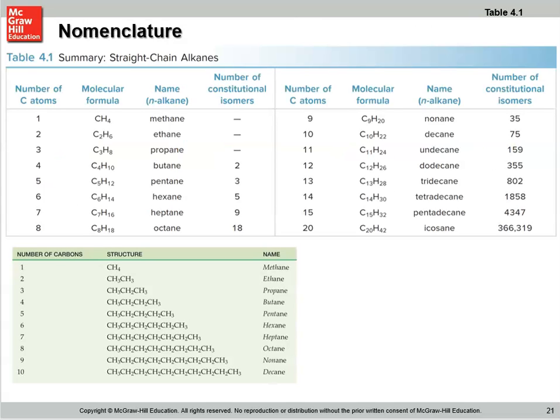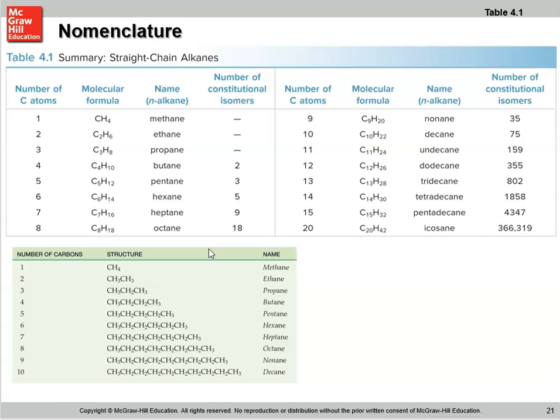What we're going to look for here is how to name these, otherwise known as nomenclature. We're looking for the longest chain to begin with, and these are what I would like you to remember. For a single carbon, it's methyl, ethyl, propyl, butyl, pentyl, hexyl, heptyl, octyl, nonyl, and decyl.